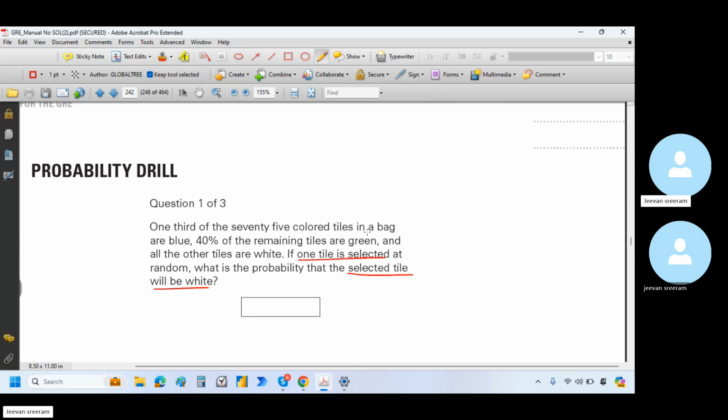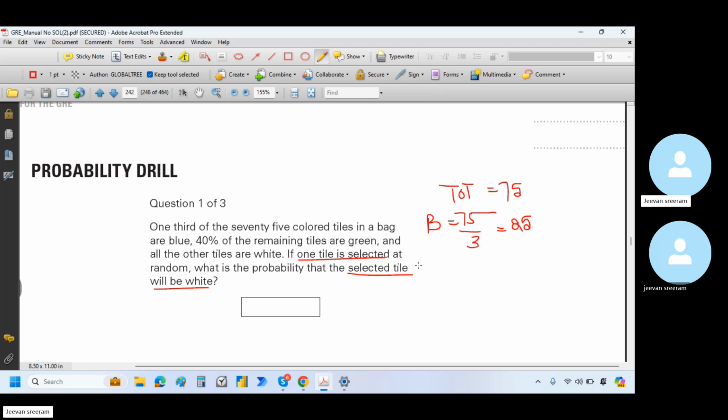1/3 of 75 colored tiles in a bag are blue. So the total must be 75, and 1/3 are blue: 25.